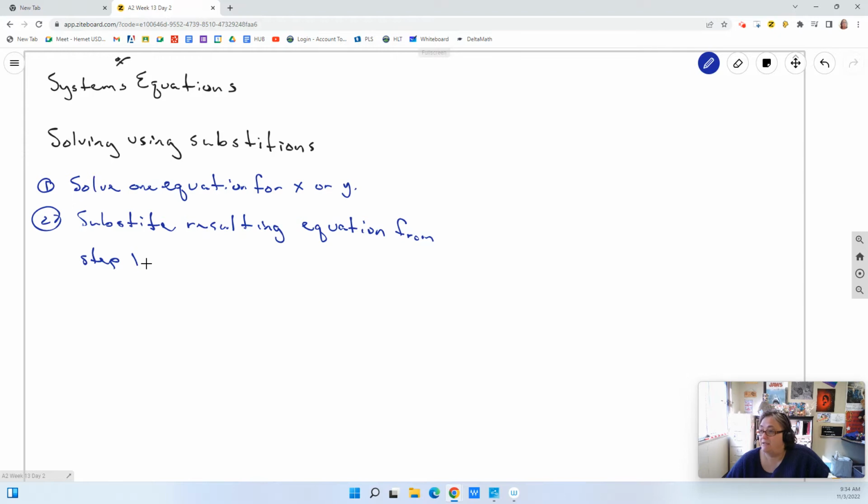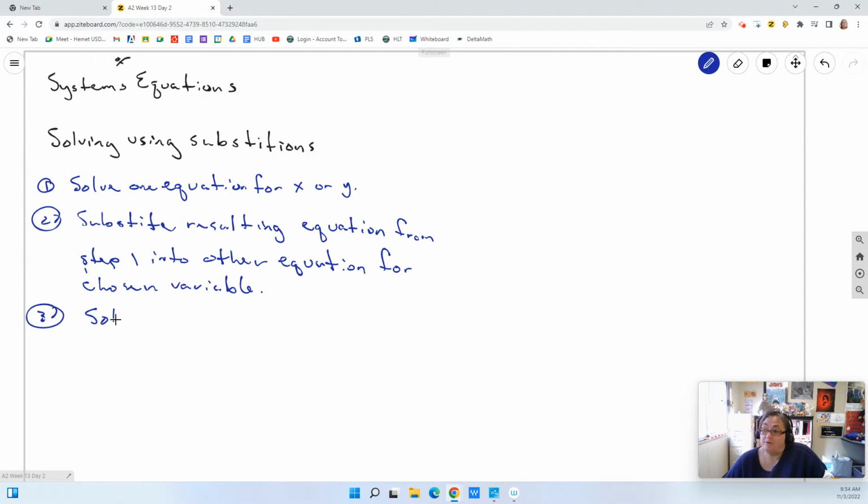I'm trying to think of how to say it. Into the other equation for, I'll call it the chosen variable, whatever we solved for. This will make more sense when we are doing it. Number three, solve for the remaining variable.